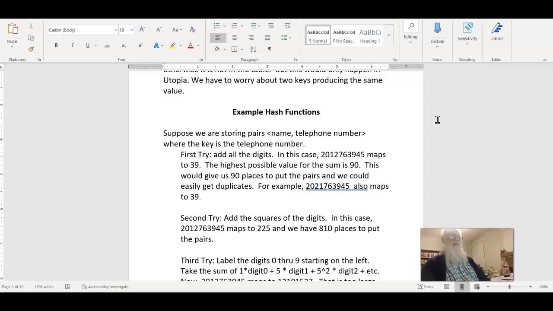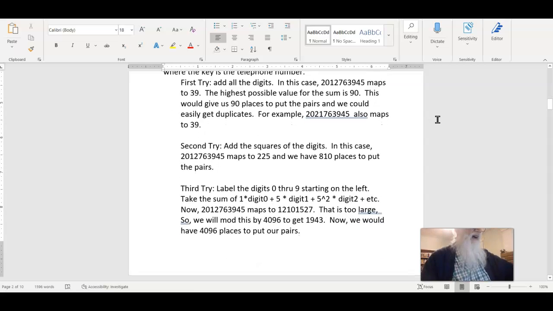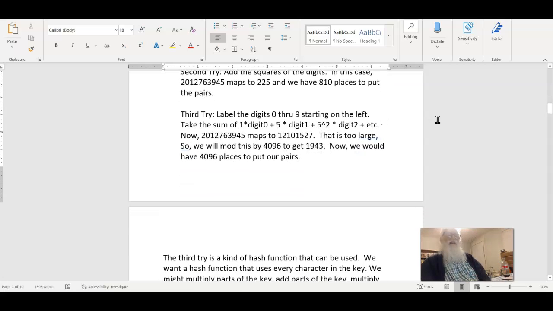Second try, add the squares of the digits. Well, this time we could get 81 in each place. We have 10 places, so we get 810 places. Well, that's doing better, but it's still not great. Third try. Label the digits 0 through 9 starting on the left.